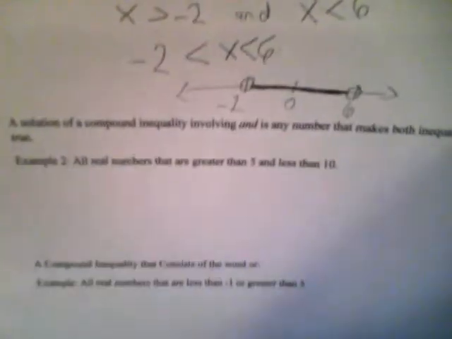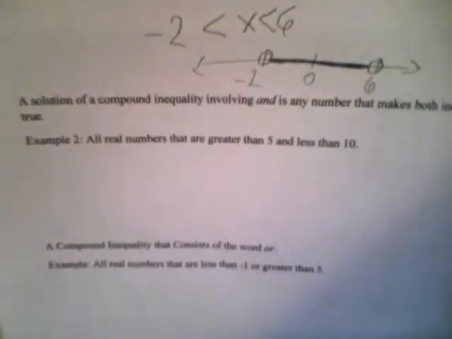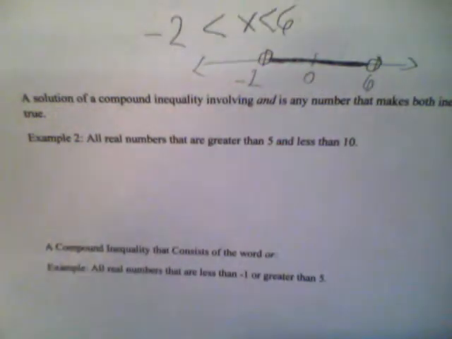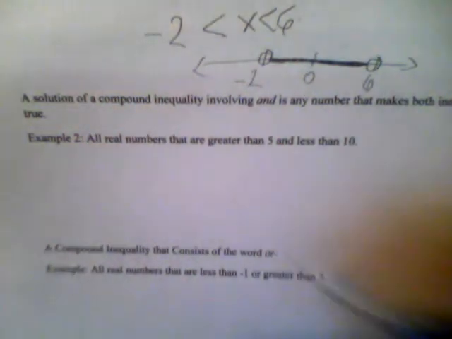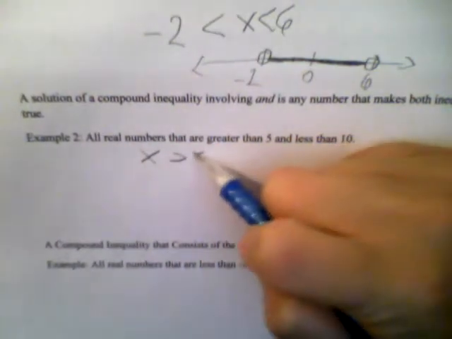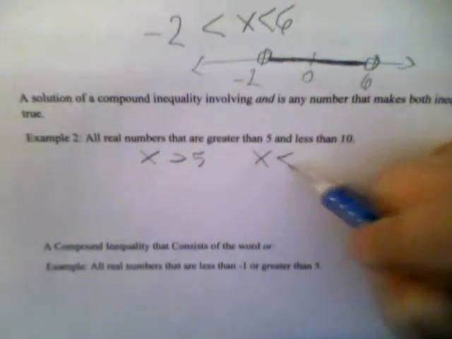Let's go ahead and look at another one. Example 2 is all real numbers that are greater than 5 and less than 10. So let's write this out first. So x is going to be greater than 5, but it's also going to be less than 10.